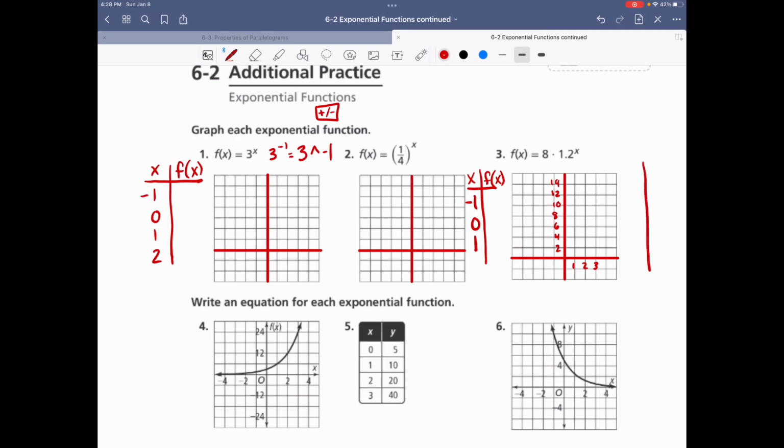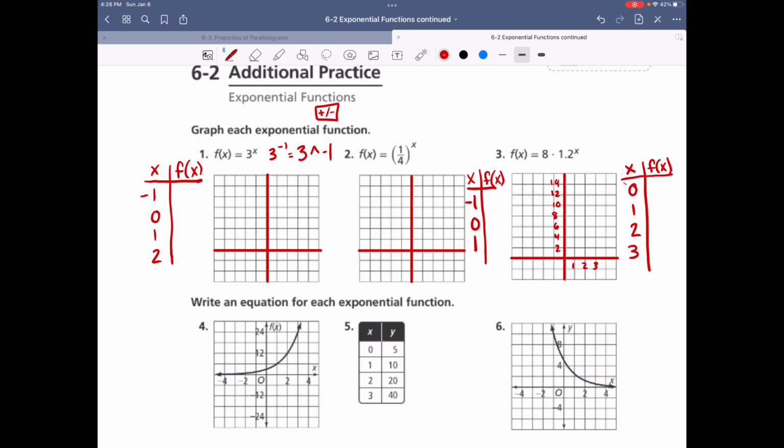And in your table of values, you can use x, f of x, and you could use 0, 1, and 2. That should give you enough values to see what this will look like, maybe a 3.